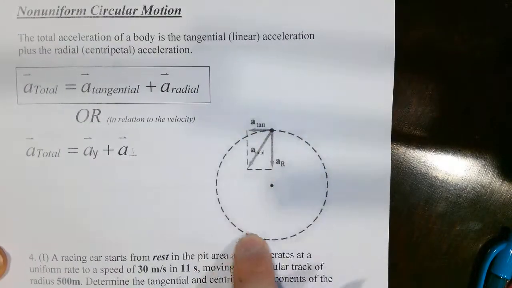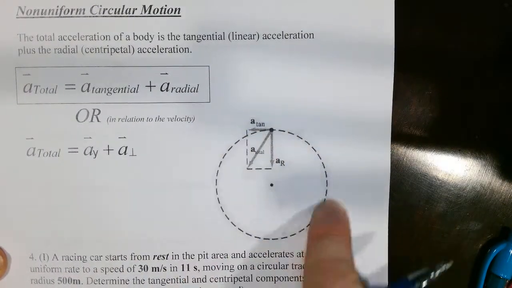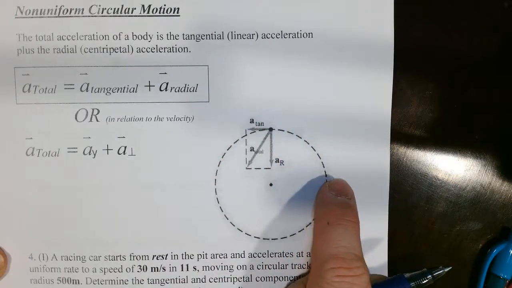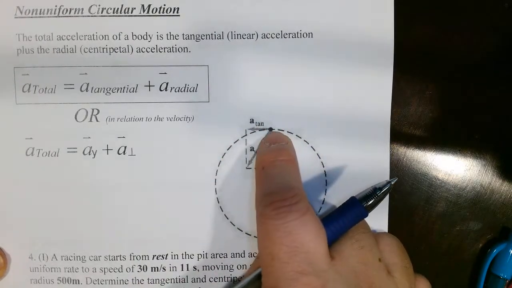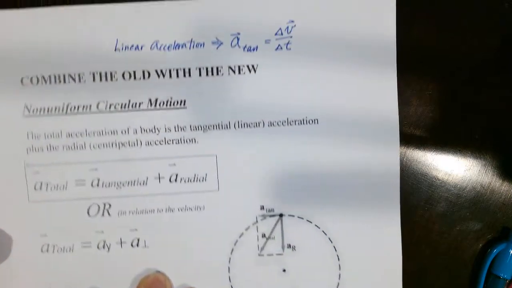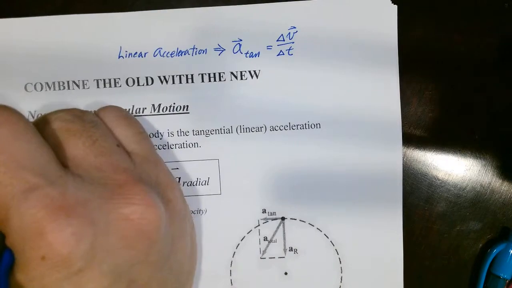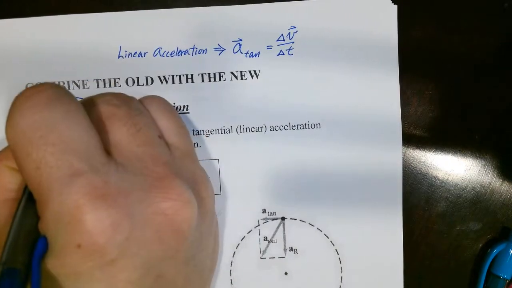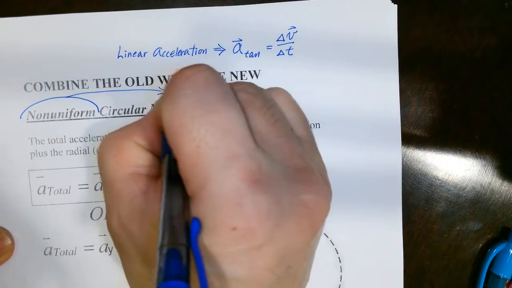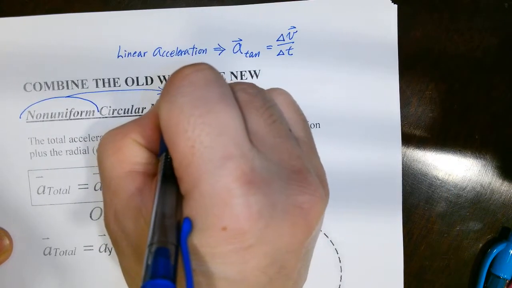That means if this thing were going at a non-constant or non-uniform circular motion, that means it's not going to be going at a constant speed anymore, right? So non-uniform circular motion means speeding up or slowing down.